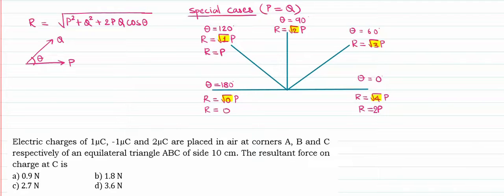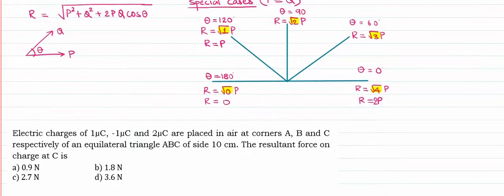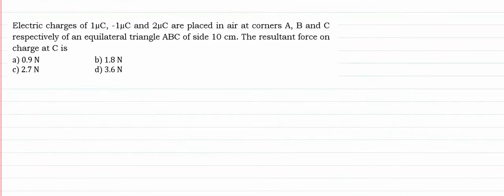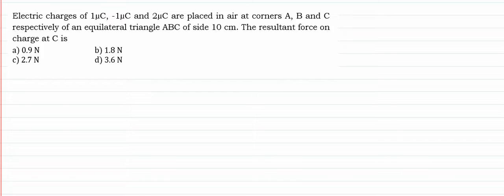Now on this we will see MCQs, which will be very easy. In 2 steps you will be able to write the answers instead of using the formulas and solving. First one: 3 electric charges are placed at the corners of an equilateral triangle.